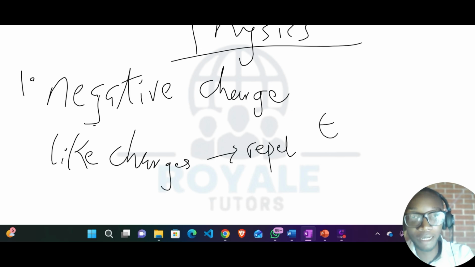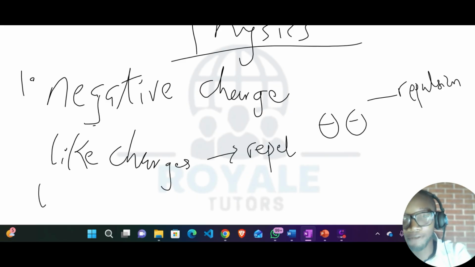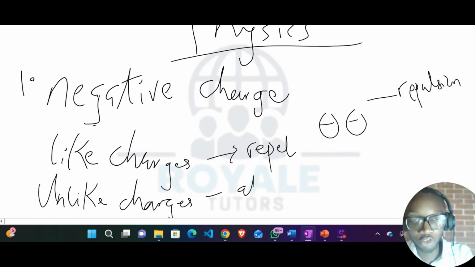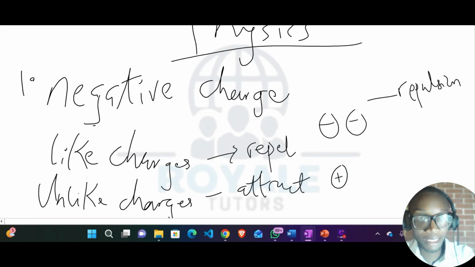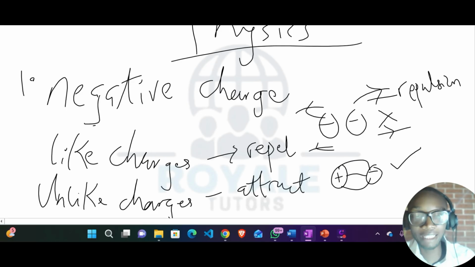So when you have a minus and a minus, there is a repulsion. And unlike charges, they attract. So a plus and a minus, they would come together. So that's really how they work.